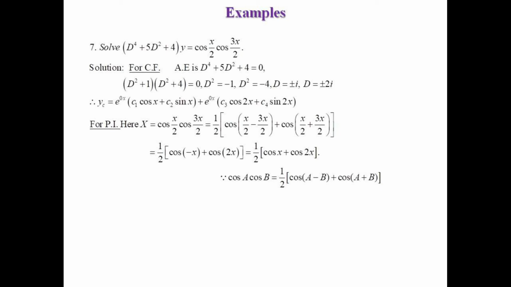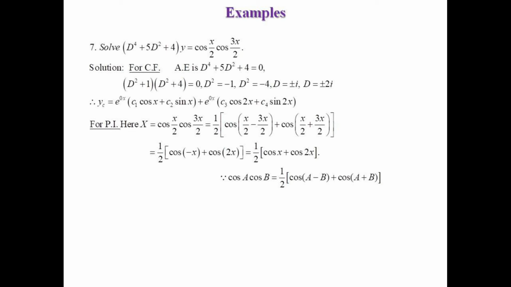If we observe D raised to 4 plus 5D square plus 4 equal to 0 and split the middle term 5D square as D square plus 4D square, we get the factors (D square plus 1) and (D square plus 4) equal to 0. Solving carefully, we get the roots D equal to plus minus i and D equal to plus minus 2i.